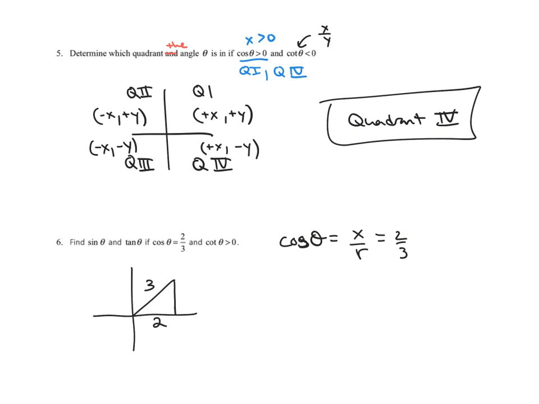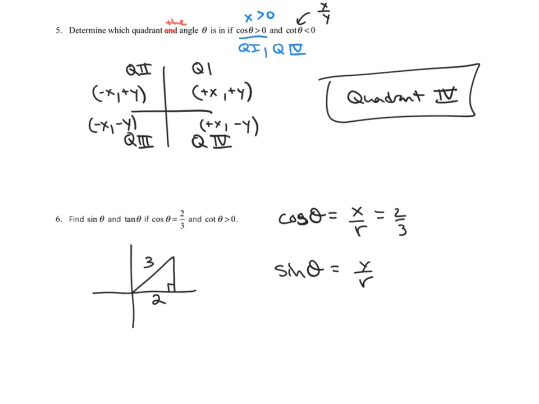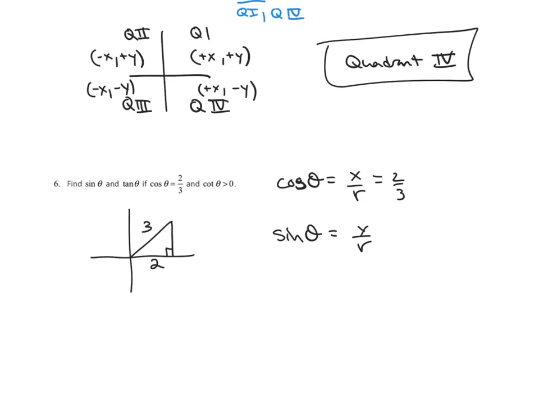Now, if we want to find sine theta, we need y over r, but we don't know y. But we can use the Pythagorean theorem. So using a squared plus b squared equals c squared, remember that a and b need to be the legs. So if I make that y value b, we get 2 squared plus y squared equals 3 squared.